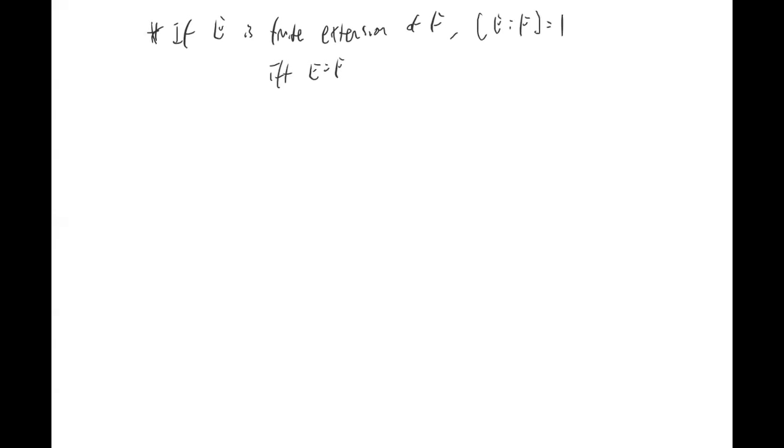And similarly, if E is a finite extension of F, what if it's a one-dimensional vector space over your field? If you think about it, that just means you're the field itself, right? If you're a finite extension, you're either itself or bigger, but if you're only dimension one over that space, you must be equal.